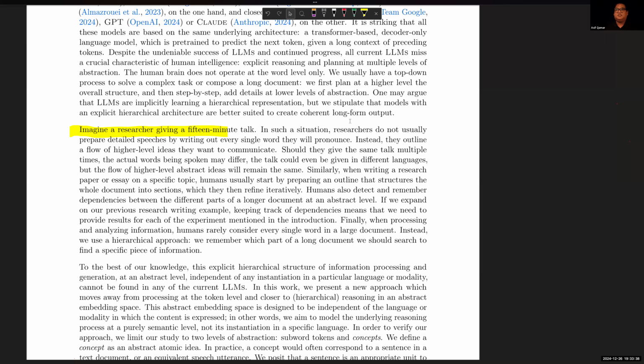So it positions that this is how we as human beings think about, let's say, giving a 15-minute talk. And every single thing that you see in this paragraph is in sharp contrast to how LLMs, at least as a black box, seem to work, right?